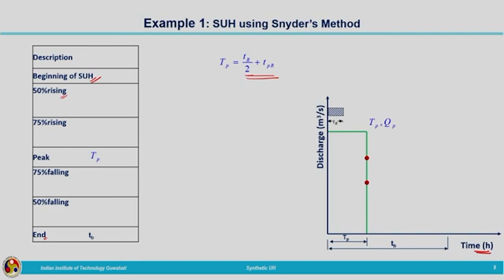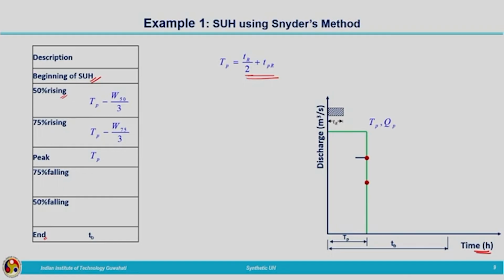Corresponding to 75% rising, it will be TP minus W75 by 3, that is, 1/3 of that width will occur prior to the peak discharge. That we can mark over here in the figure. So, 1/3 of W75 will be marked here. In the similar way, for 50% rising also, 1/3 of W50 comes before the peak.